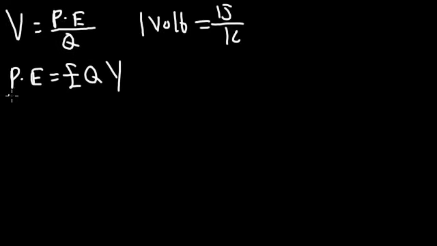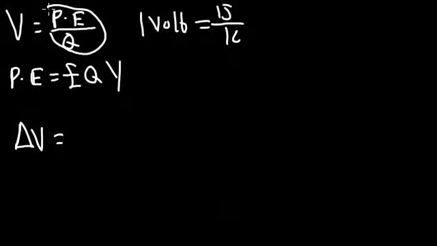So now that you know what electric potential is in essence, what about electric potential difference? We represent that with delta V, which tells us the change in V, that is, the change in electric potential. What it tells us in essence is the change in the electric potential energy per unit charge.